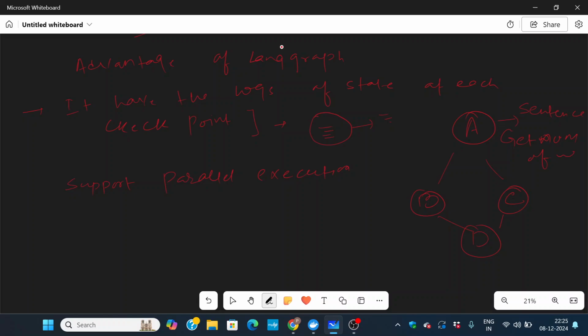If the word count is more than 4, it traverses one path, and if it is less than 4, it traverses the other path, and then at point D we perform a certain action. So the summary is that it provides a parallel executor. At the same time, you can execute node B and also node C.